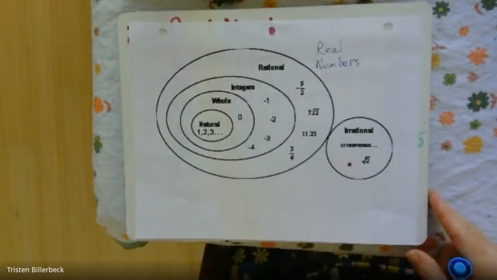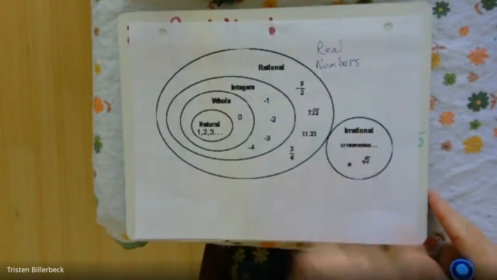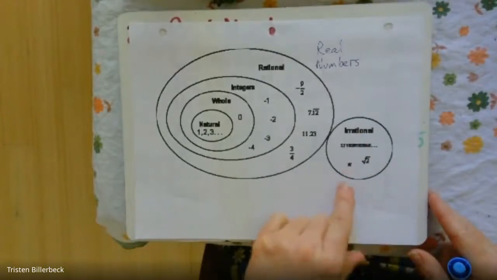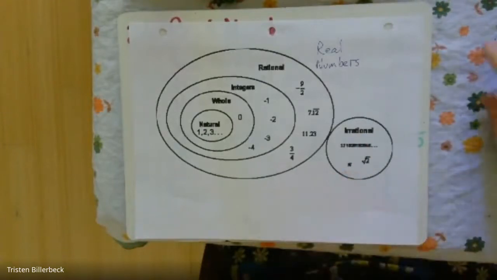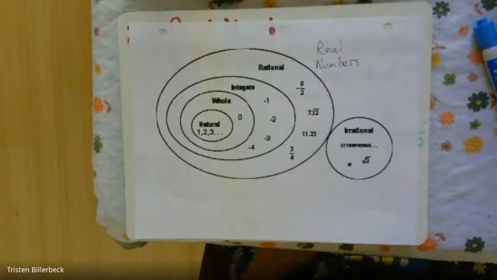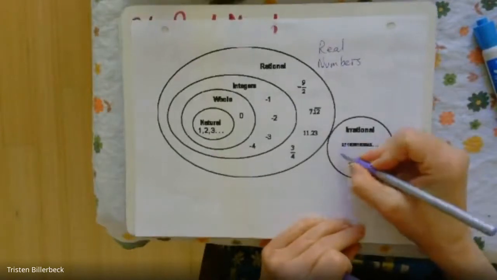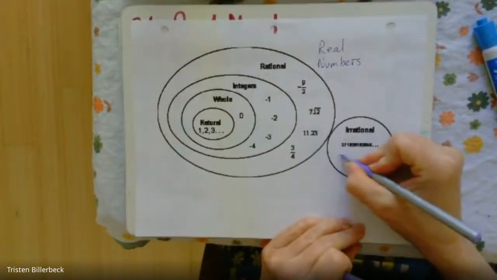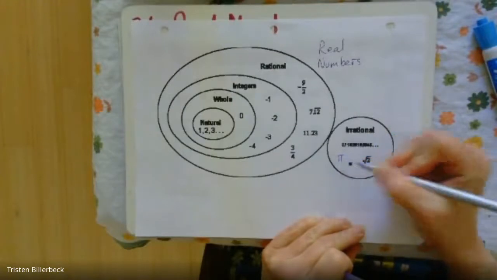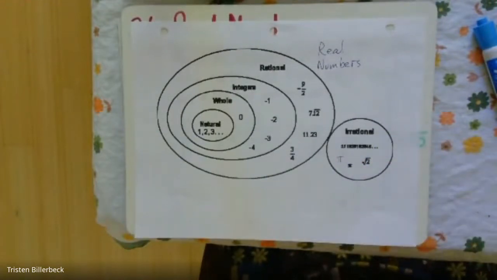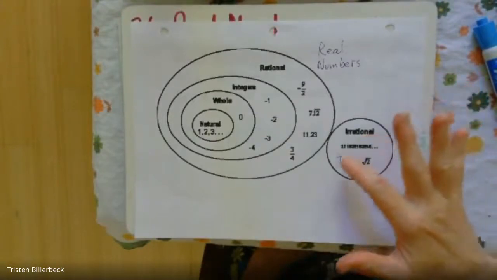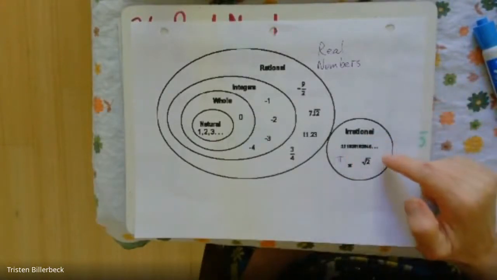We have another category called irrational numbers, and those would be things like pi and the square root of 2. So let me write that pi a little bit better. So that's a pi. These are also decimals that never end.